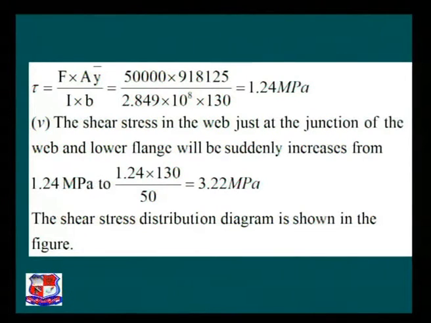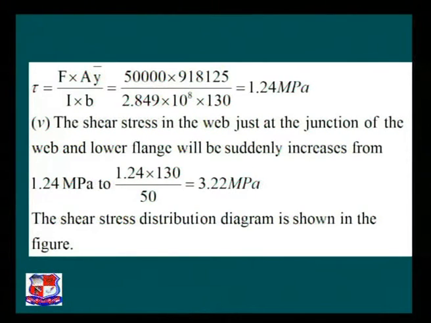Putting in the values, tau is equal to F A y bar by I b, where F is equal to 50,000 Newton, and A y bar, which we have already computed, 918125, divided by I b, we obtain the answer 1.24 Newton per mm square.